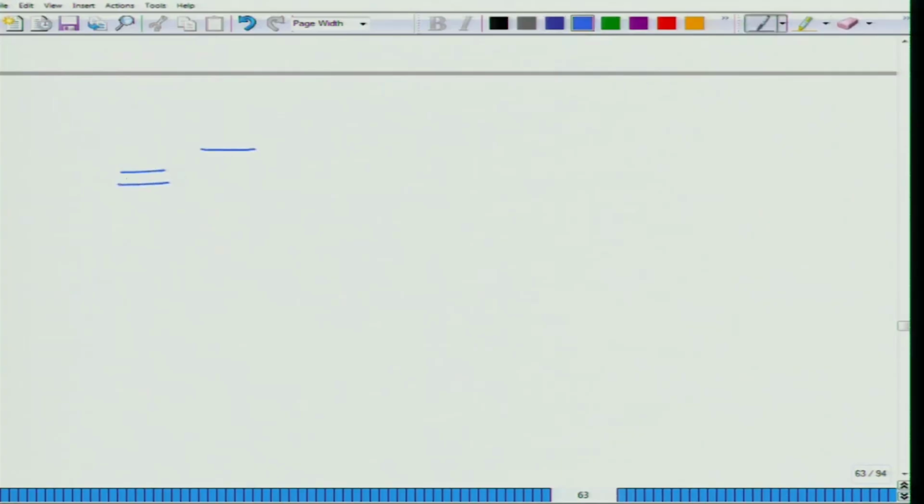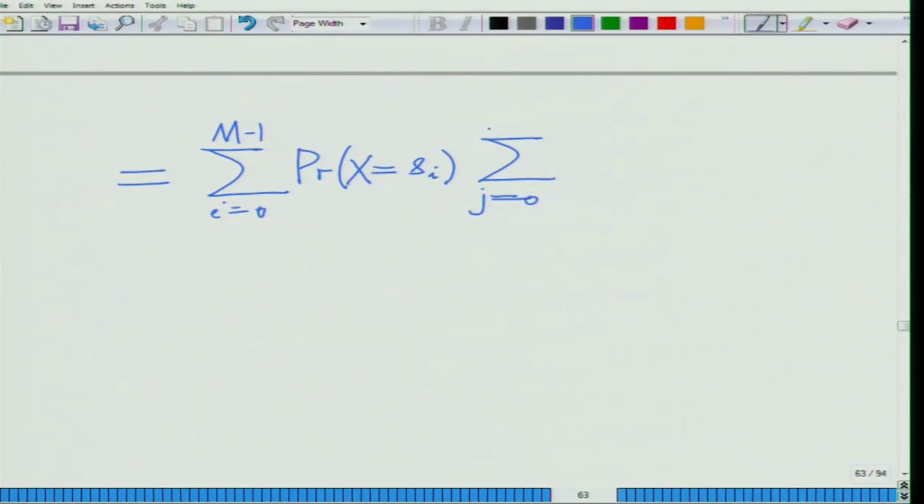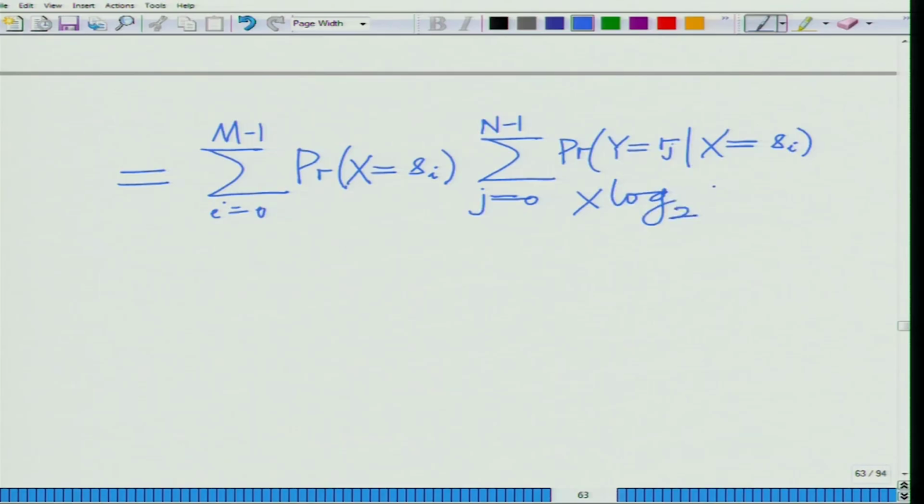which is equal to i equal to 0 to m minus 1 probability x equal to Si times summation j equal to 0, correct, j equal to 0 to n minus 1 probability of y equal to Rj conditioned on x equal to Si times log to the base 2 1 over probability, that is, this is the entropy of y given x equal to Si.